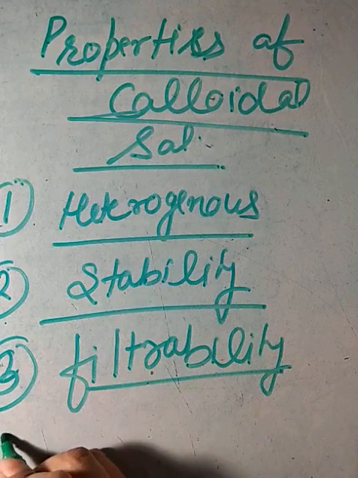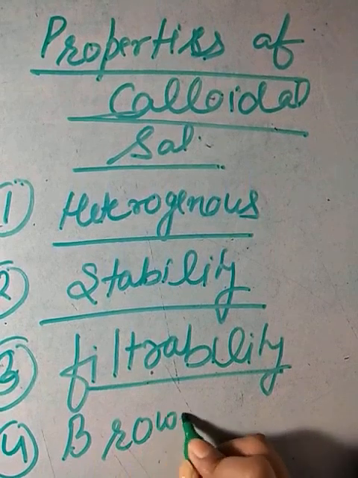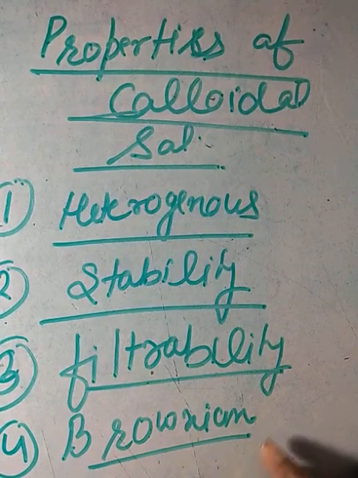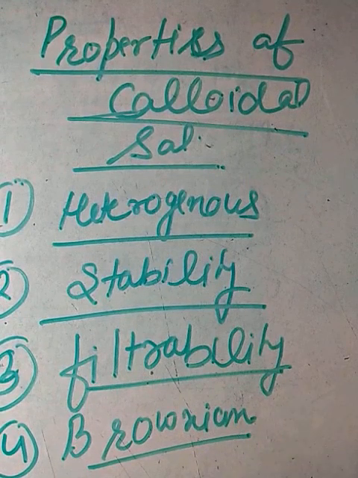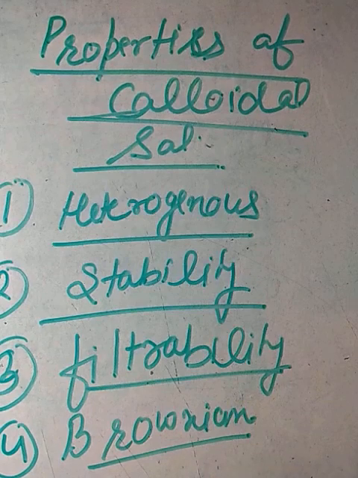Next is called Brownian movement. Colloidal particles show Brownian movement, which is the zigzag movement of the colloidal particles.